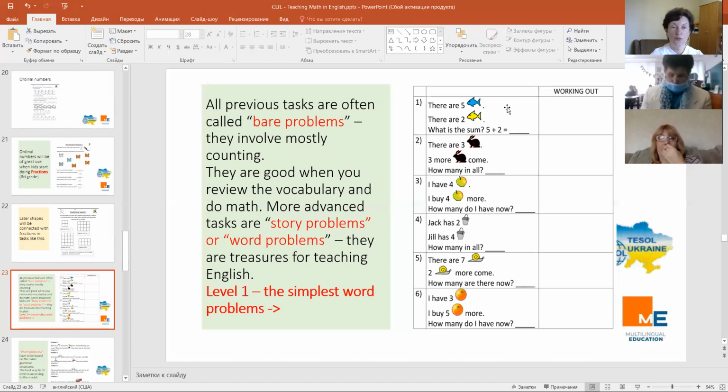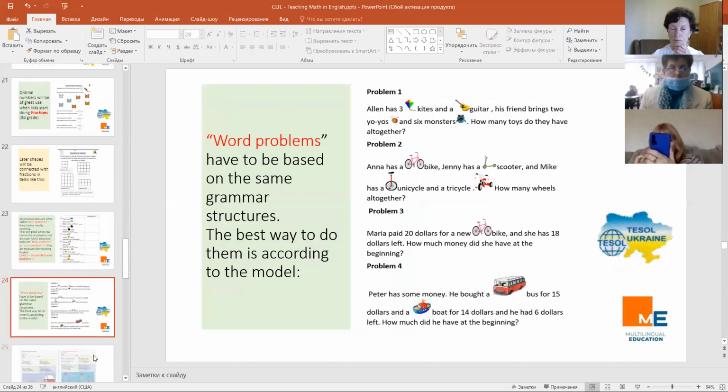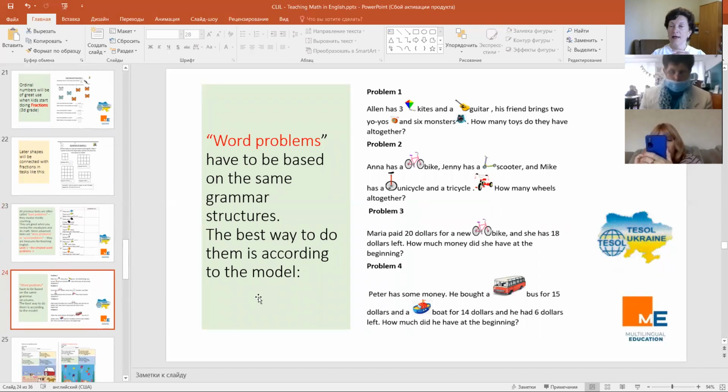But if you want to teach English, you have to go to word problems or story problems. And we start doing story problems with very, very simple tasks like this. So word problems become more advanced.